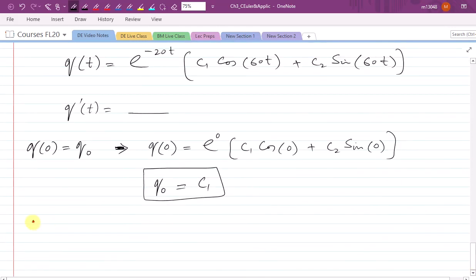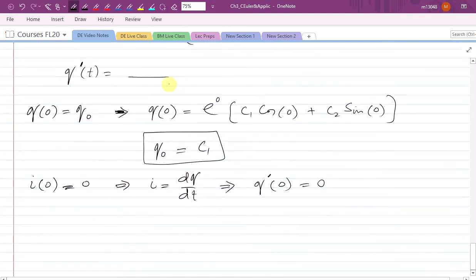Similarly, we use I of 0 equals 0. As I said, I is basically dq by dt, or q prime, so the condition is actually q prime of 0 equals 0. First we have to find the derivative of q to use this condition.